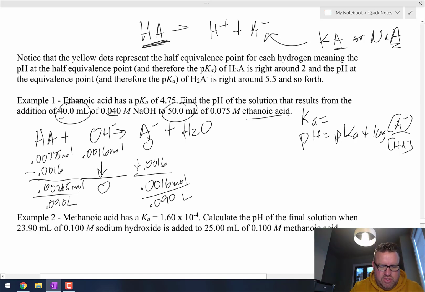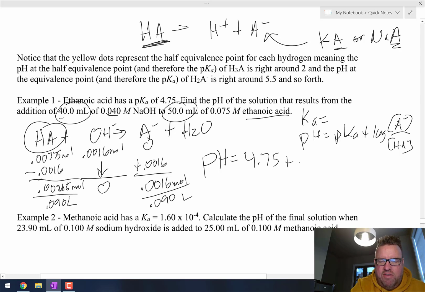So 0.00215 divided by 0.09 equals 0.0239. That's the concentration of the acid, so the pH is going to equal the pKa, 4.75, plus the log of the conjugate base over the acid.